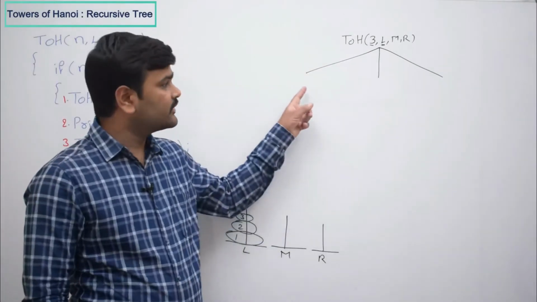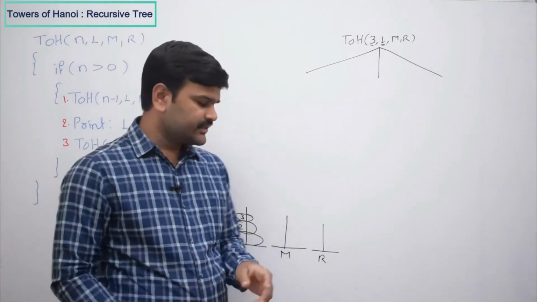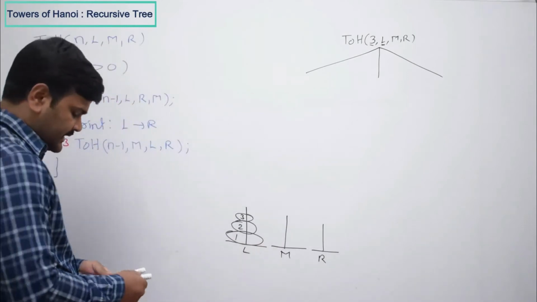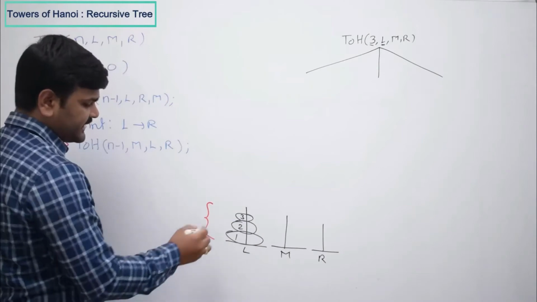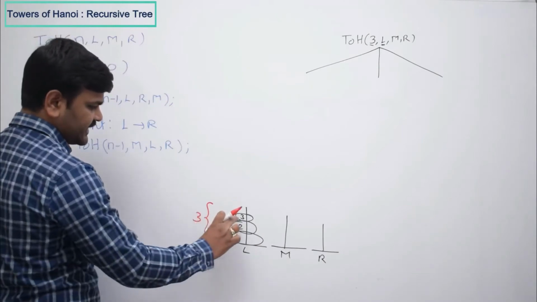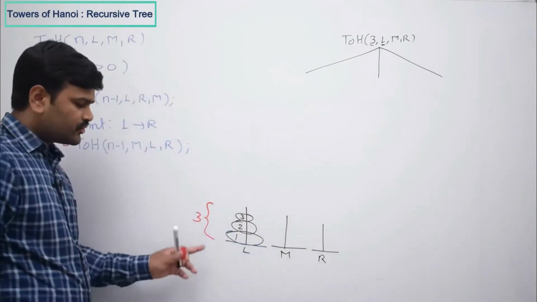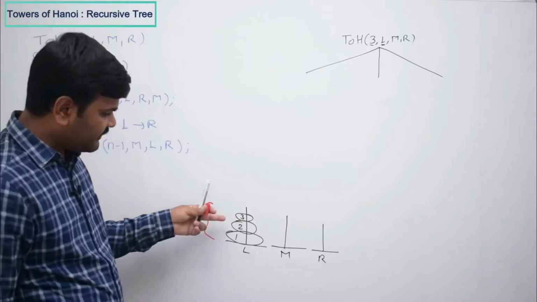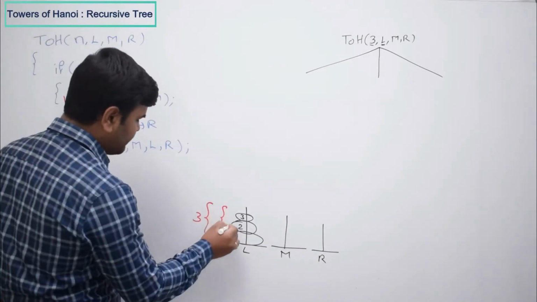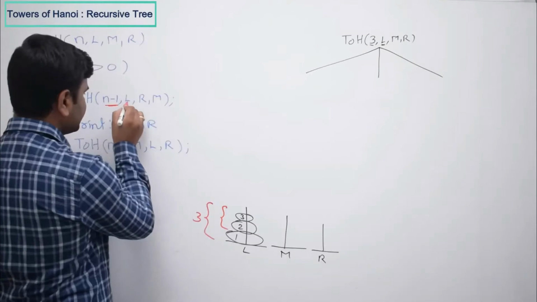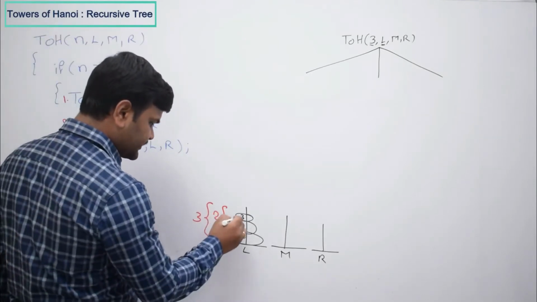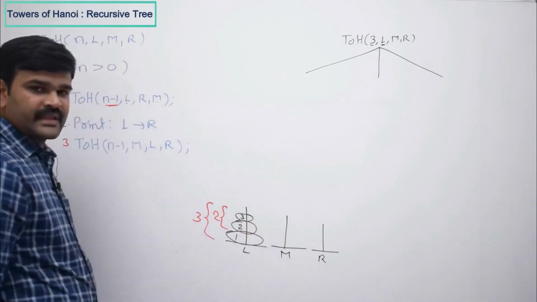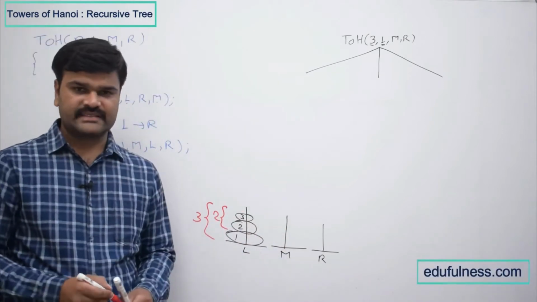So now what do we have to do in the first step? As we already discussed, total 3 disks are there. That statement means 3 disks you have to shift from here to right. To do that, partially, these n minus 1 disks you first shift from L to M. So these 2 disks first of all you shift to M. That is our next target.